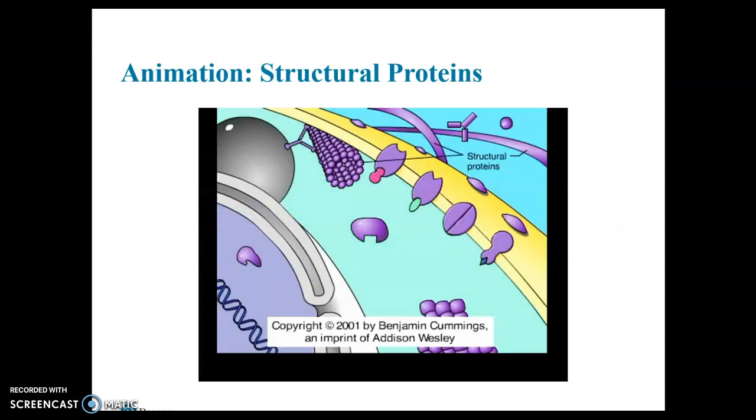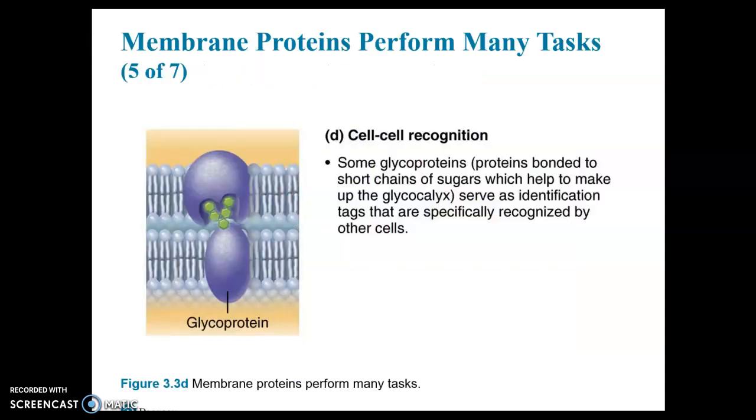And then there are structural proteins, and you can look at this animation for structural proteins like collagen in slide number 26. And then we're going to move on to recognition proteins. Any of these proteins that have a carbohydrate chain, we call those glycoproteins.